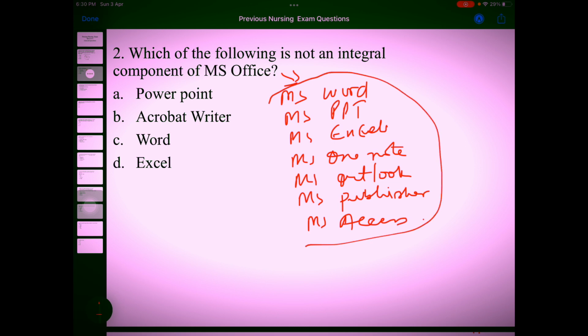These are the components of MS Office. So the question asks which of the following is not an integral component of MS Office. Option B is not a component of MS Office, which is Acrobat Writer.